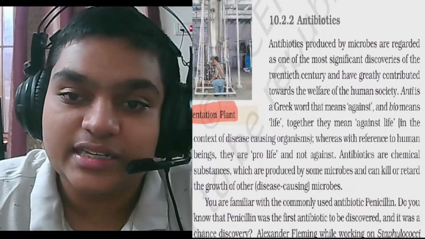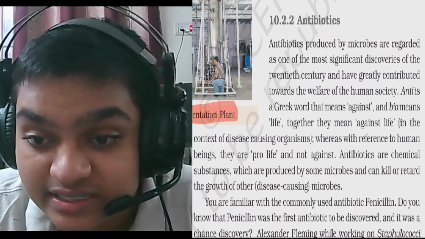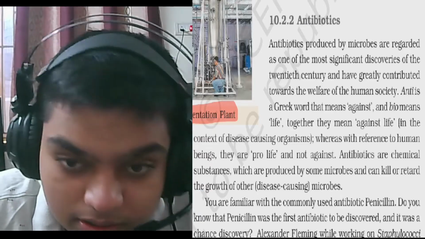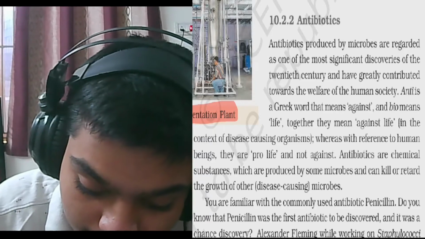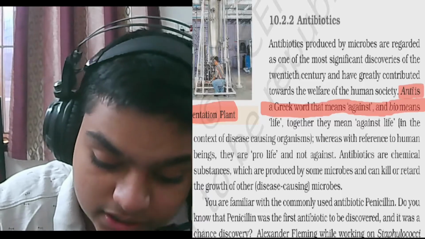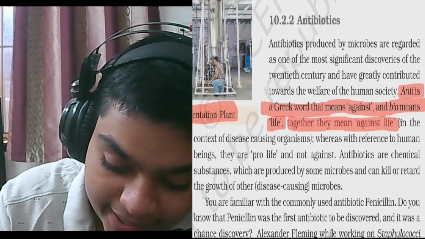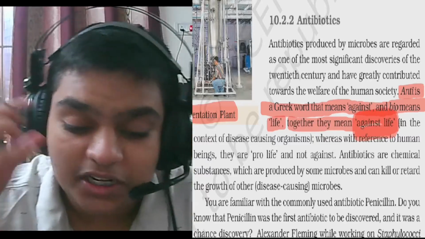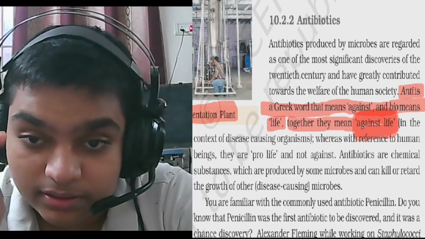Now let us discuss the use of microbes in the medicinal industry. The necessary thing here is that anti is a Greek word which means against, and bio means life. Together it means against life. Antibiotics means against life in Greek.